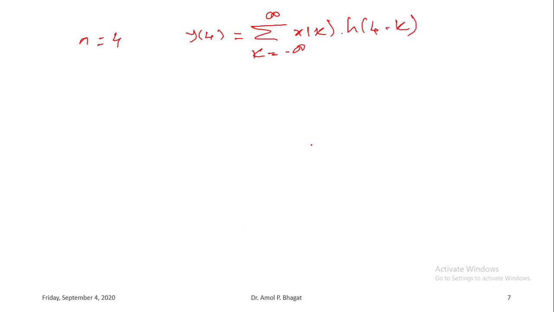So that is for n is equal to 4, again y of 4 is equal to summation k from minus infinity to infinity x of k into h of 4 minus k, right? Again the same graph for x of k will be there. I will simply plot it here once again.